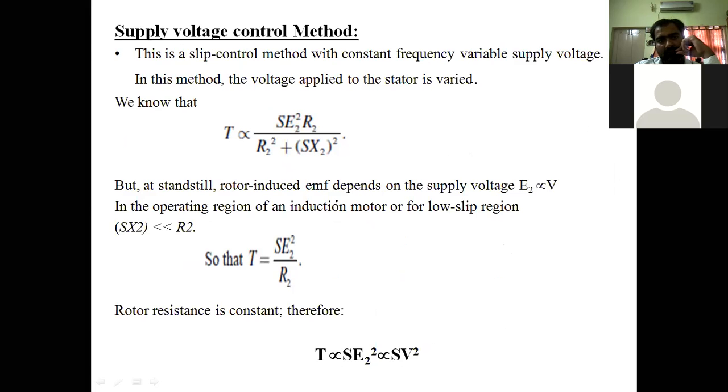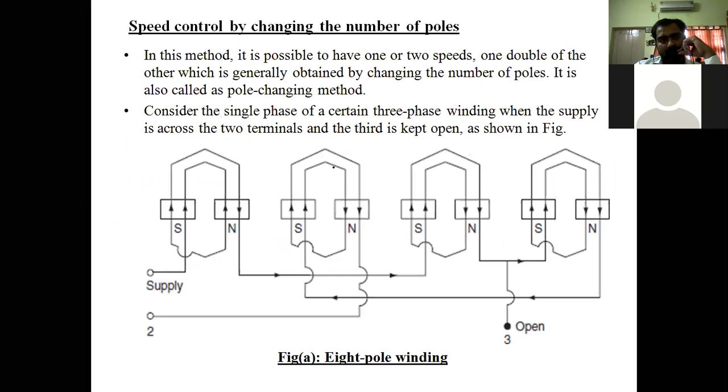So this is the supply voltage control method. Here we do the same thing at the stator side. This is the third method: you control the speed by using the number of poles. Here is a small thing, check it out. You have poles like South Pole and North Pole. If we have three terminals, one, two and three, the first and second terminals are given the supply, and the third is kept open.